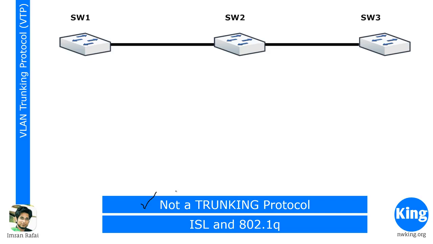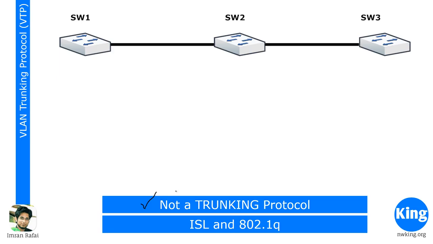So we spoke about trunking protocols in our previous video and also a little bit in the last slide. There are only two trunking protocols, that is ISL. ISL is Cisco proprietary, that is Inter-Switch Link, ISL. And then you have 802.1q, or more popularly known as .1q, which is an IEEE standard, which is the global standard used by everybody, right?